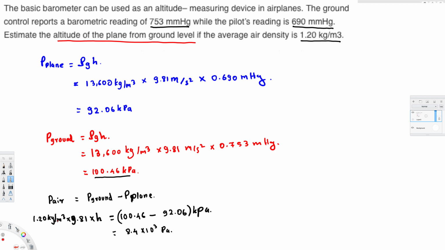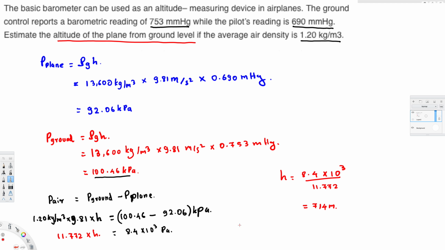So let's continue right here. Therefore h is going to be equal to 8.4 times 10 to the power of 3, and if we multiply these together, this gives us 11.772 times h. Let's divide this by 11.772, and if you divide, you get the height, which gives us 714 meter.